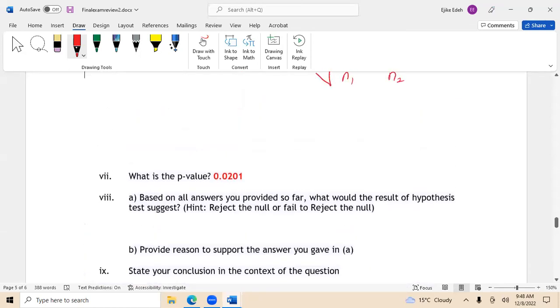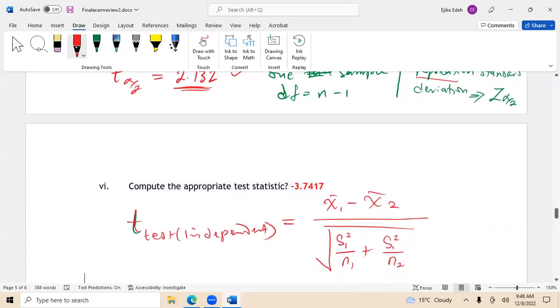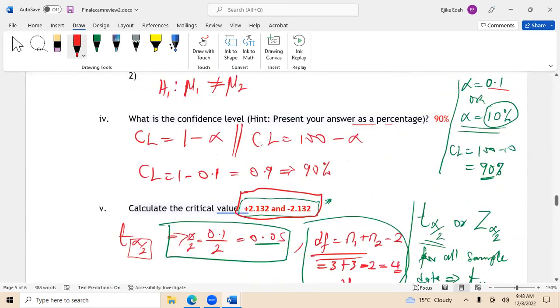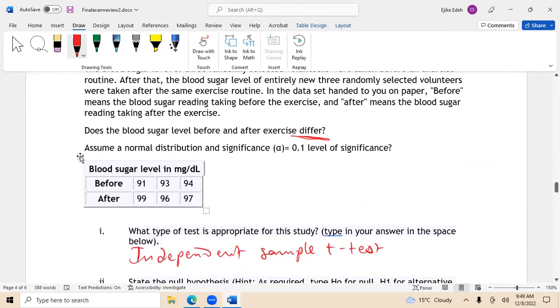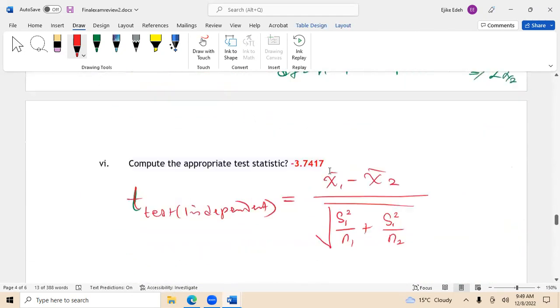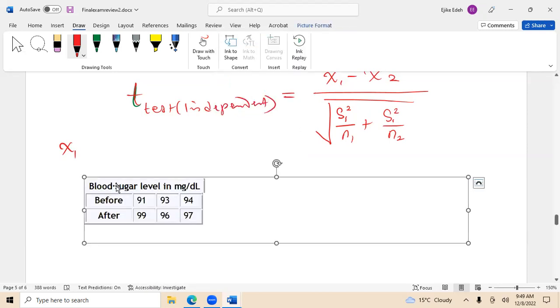So I'll look at the formula and then get all the piece of information that I need to be able to solve that problem. And before we plug in, let's start with sample mean of group 1, and let me copy that table down here so it will be handy. Okay, good.